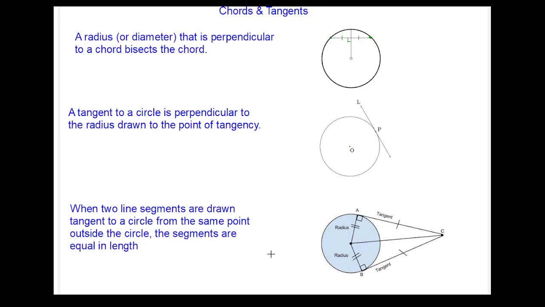So here's our point P, our point of tangency. And if we draw a radius from there to the center of the circle, that's going to form a 90-degree angle. So again, I can draw in that 90-degree mark, which is a very useful property for those of you that go on and study more math.